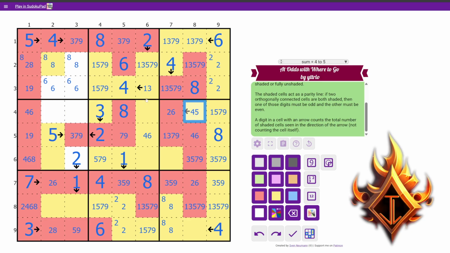So if that is 4, then that has to be the red one. And if it's 5, they're all red. So that is red either way, because that one cannot be the only red in the row.